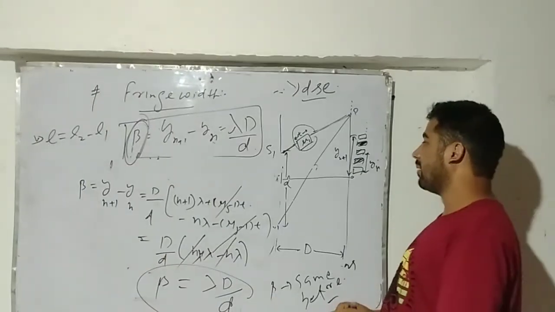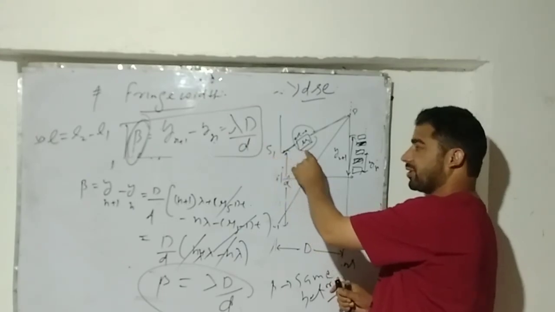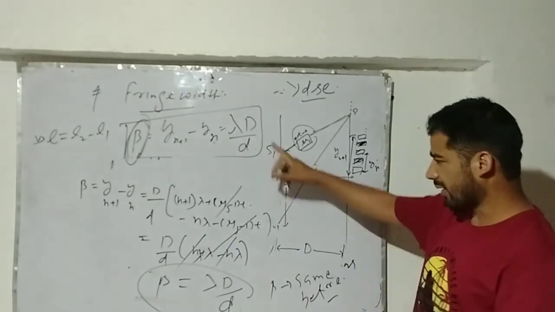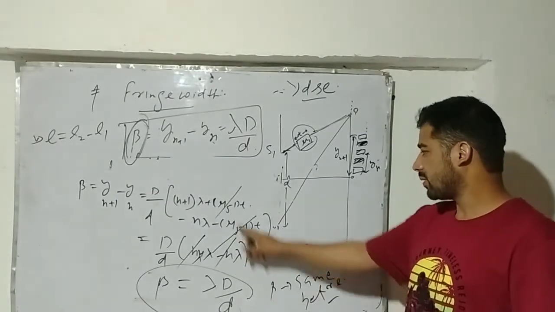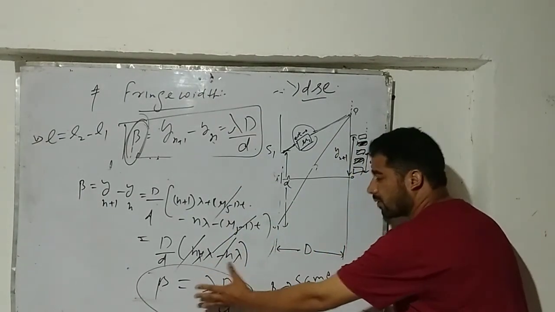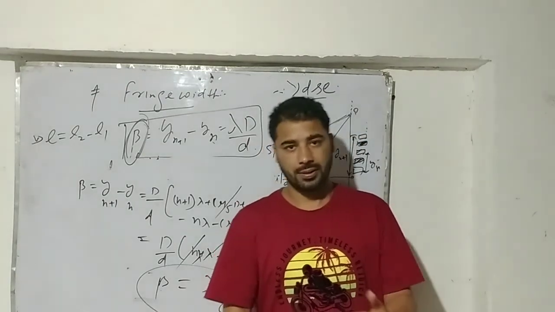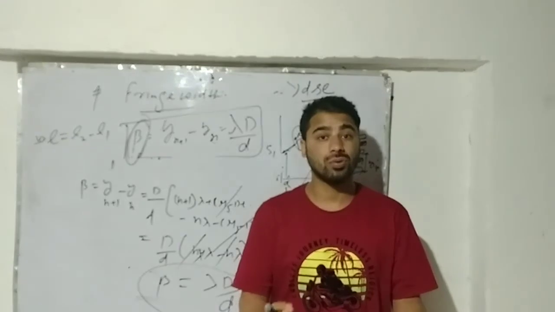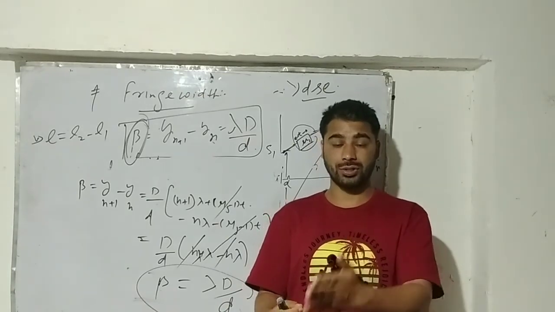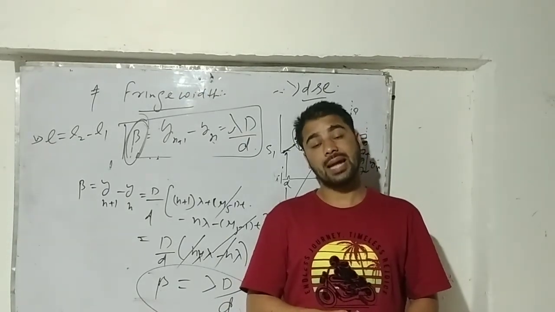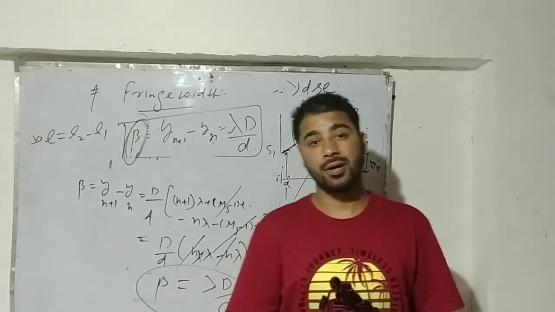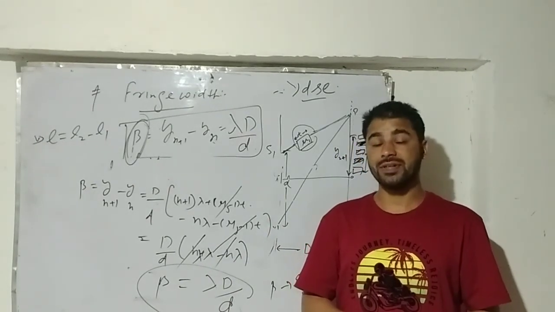You can place the slab and look at the path difference once more, and you will again get the same confirmation, because the terms will cancel again and you will get the same result. So you can state that in that case also there is no effect observed on the fringe width, even if we place the slab in front of any of the slits in Young's double slit experiment, but it has an appreciable effect on the position of the fringes on the screen.